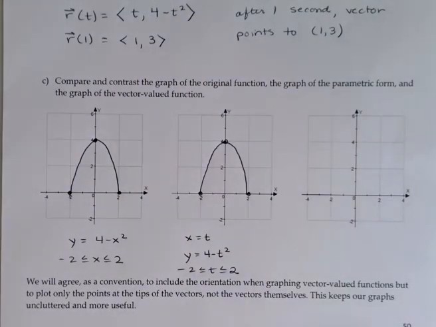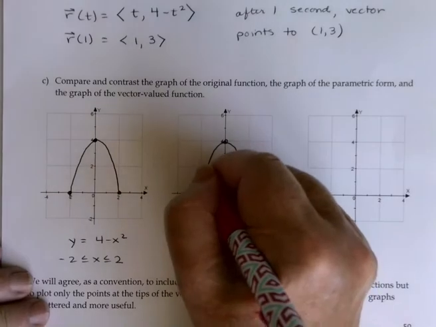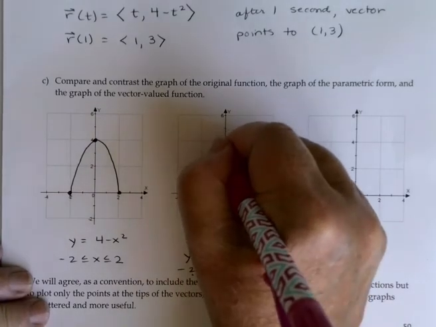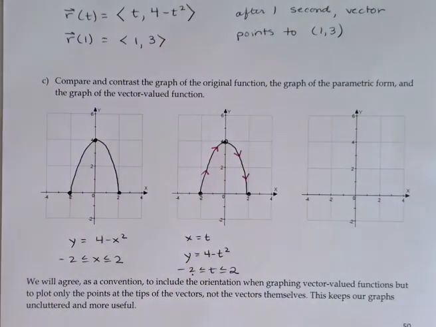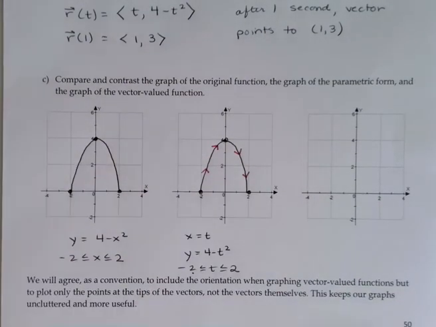The difference with parametric form is we now have direction. We are specifically going from t equal -2 to t equal to +2. So I know I'm going to show the direction on my graph as traveling from the original t value where x is -2 to the ending t value of +2. So with parametric equations, we get a directed graph.